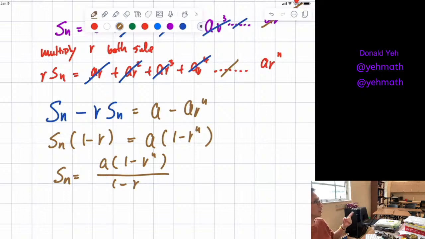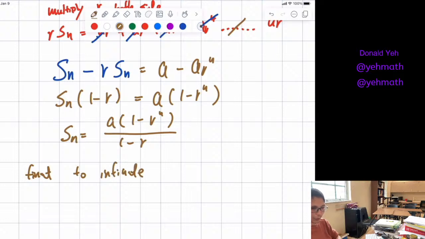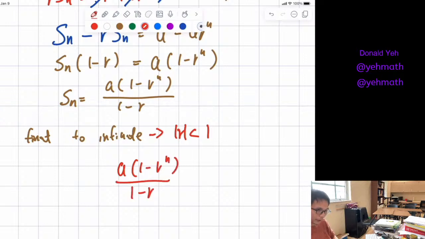Just limits. Yes, apply limits, but it has a condition. That condition is what? r has to be less than 1, right? If r is less than 1, then a times 1 minus r to the n over 1 minus r.